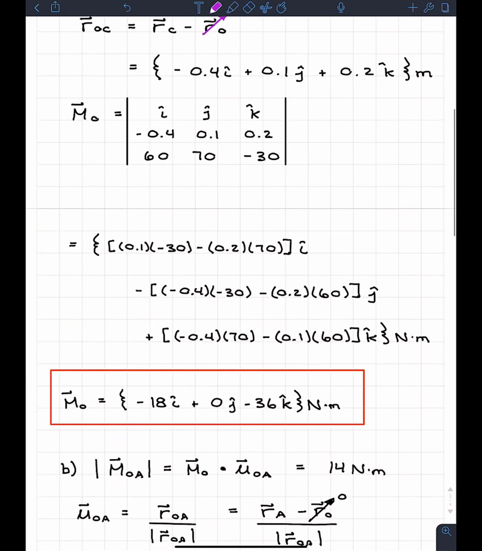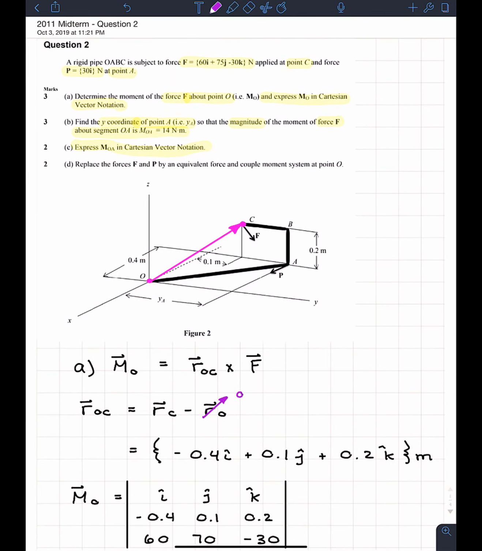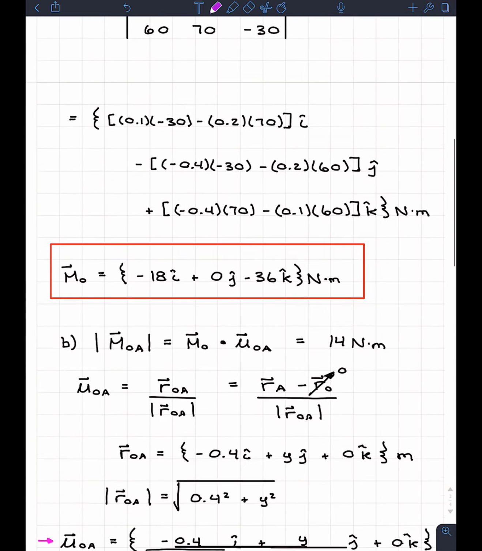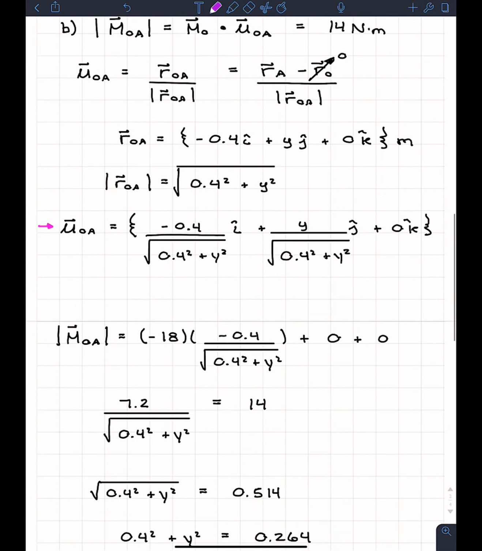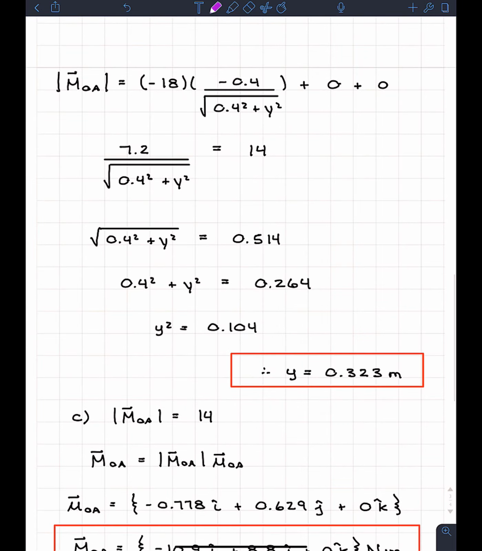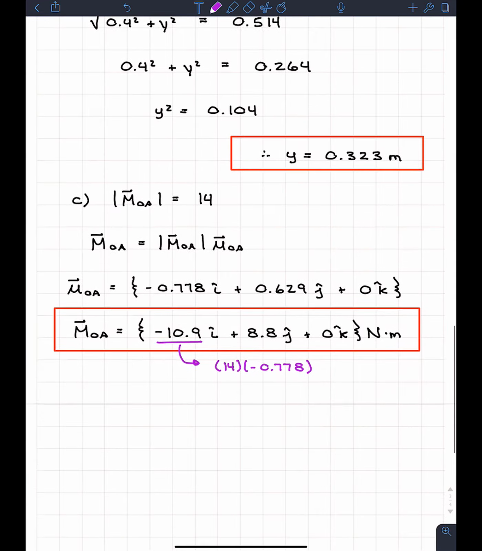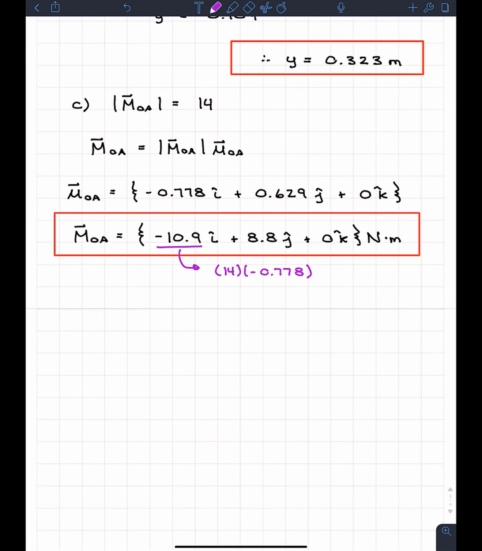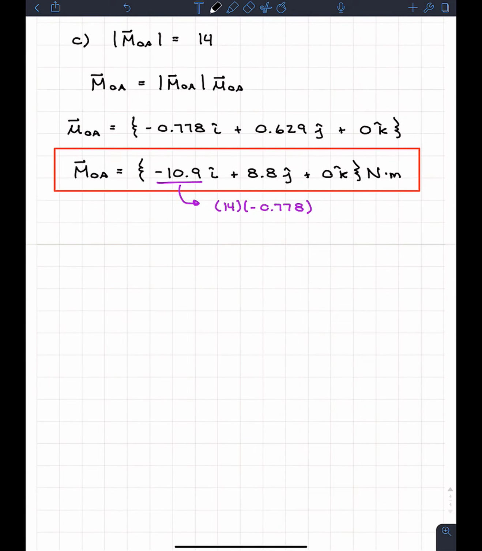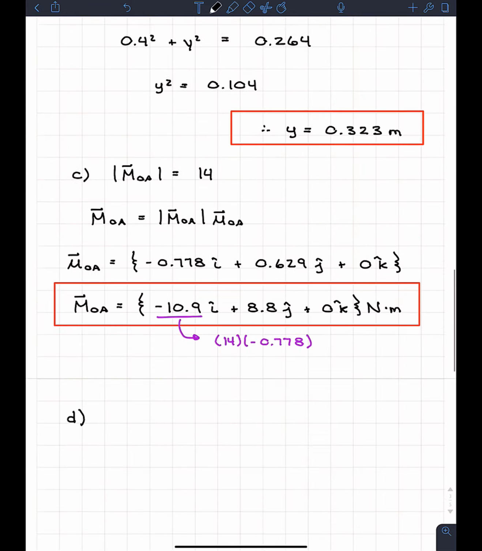The only thing we had to do was find that unit vector, but it also creates a problem because let's just say perhaps that you get the y coordinate wrong. Well, then your unit vector is going to be wrong, and then your MOA will also be wrong. So I'm not sure how the markers will account for something like that, but it's very important that you know what you're doing all the way through, or else it's hard to get part marks later on.